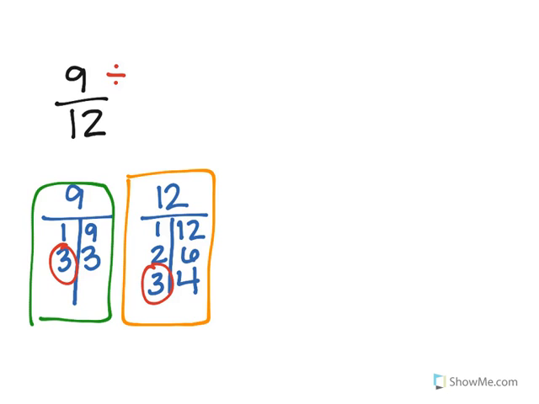So I'm going to divide my numerator and my denominator by 3, which would give me 9 divided by 3 is 3. 12 divided by 3 is 4.